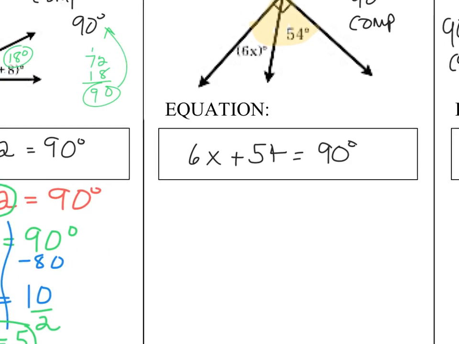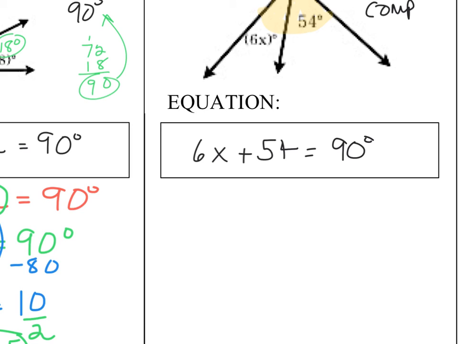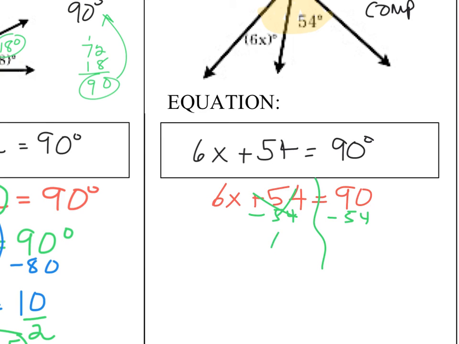All right, so 6x plus 54 equals 90. Subtract 54, subtract 54. 6x equals 36.